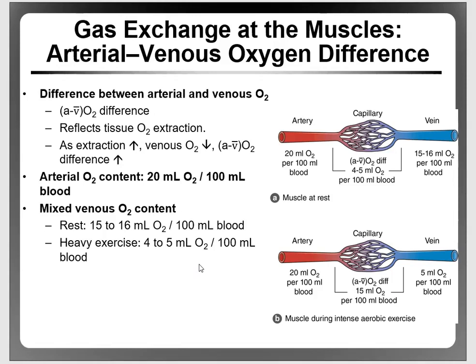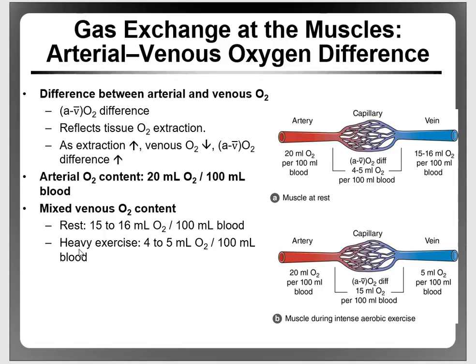So we're going to have this arterial venous oxygen difference increase as a result. As you might expect, the amount of oxygen taken up is proportional to its use for oxidative energy production. So the more oxidative energy production that's being done by the cell, the greater the amount of oxygen that's taken up.